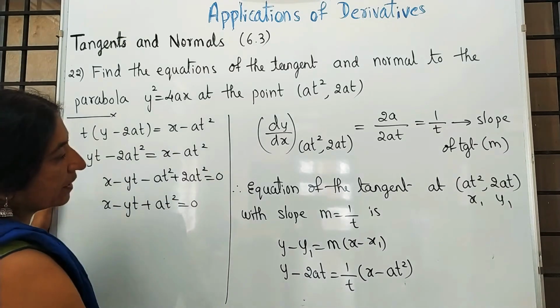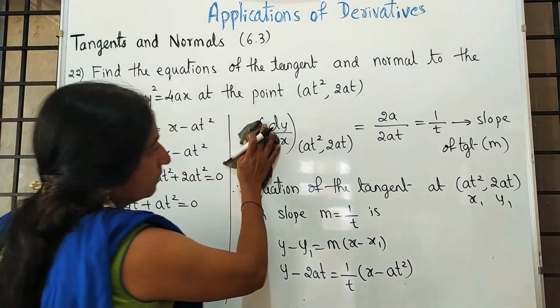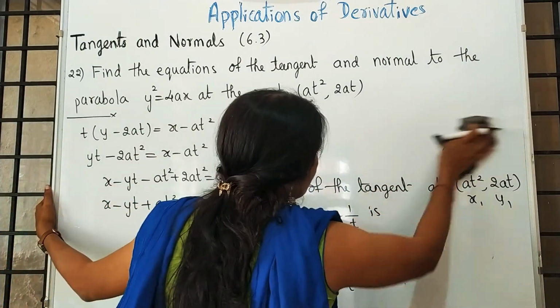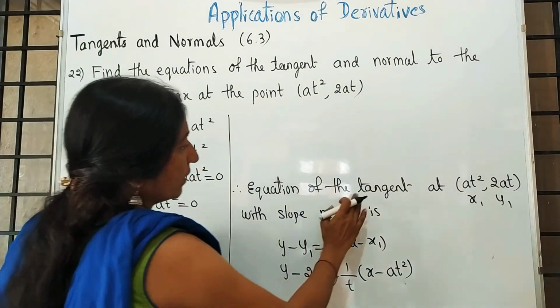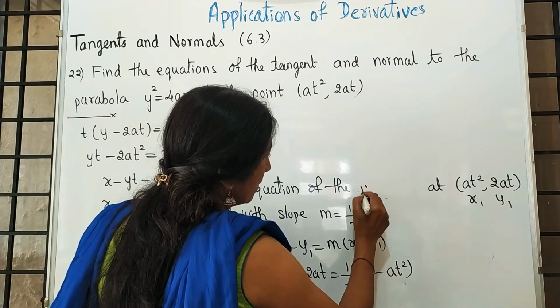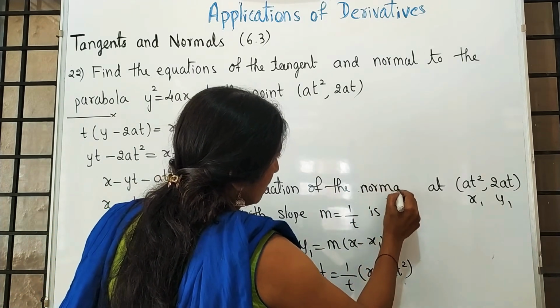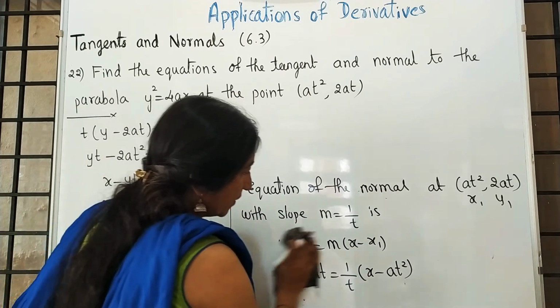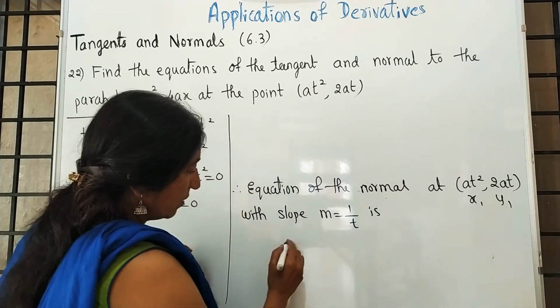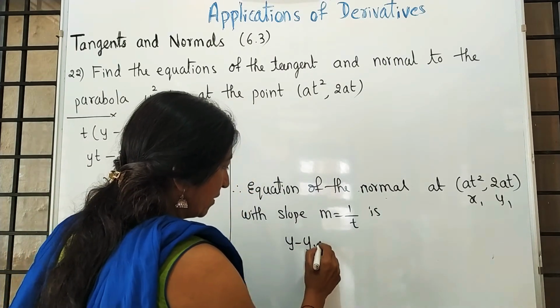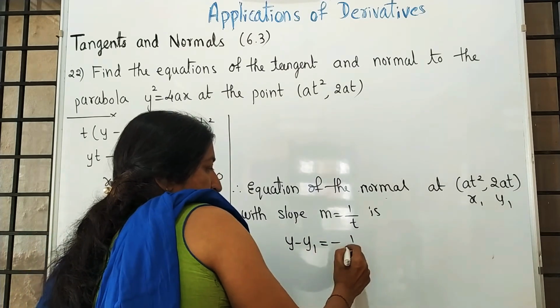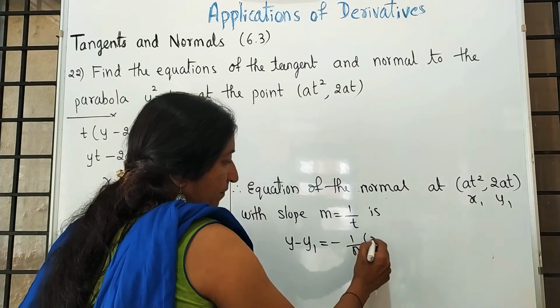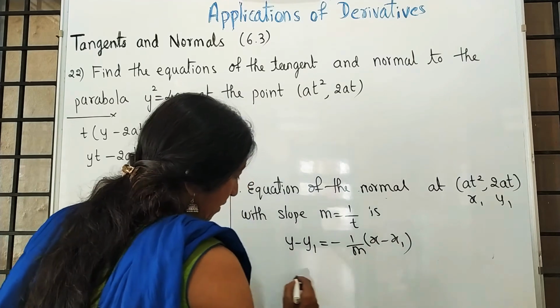Now I am writing the equation of the normal. Equation of the normal at, now formula is what? Y minus y1 is equal to minus 1 upon m into x minus x1.